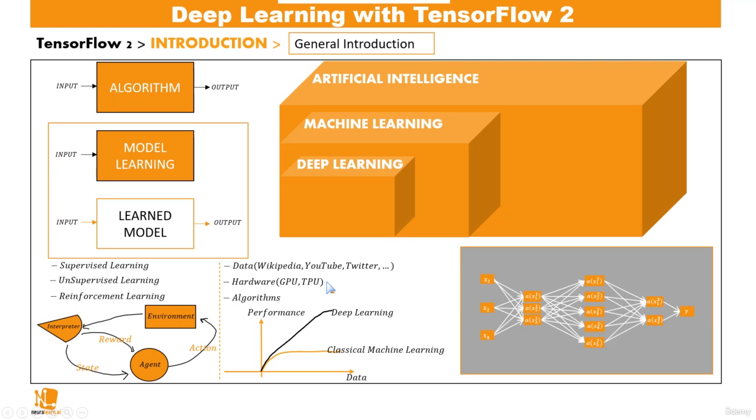Apart from data and hardware, the other point which makes machine learning very popular today is the advancement in the kind of machine learning and deep learning algorithms which have been built. And throughout this course, we shall look in detail at these algorithms.